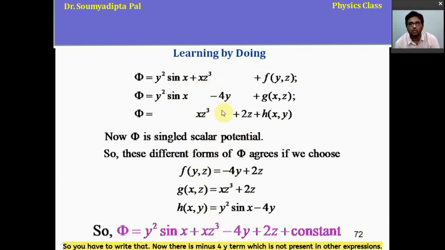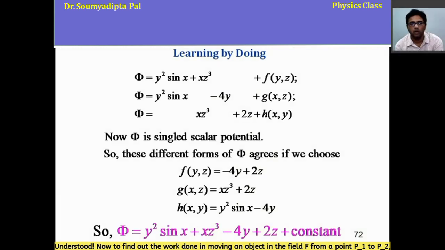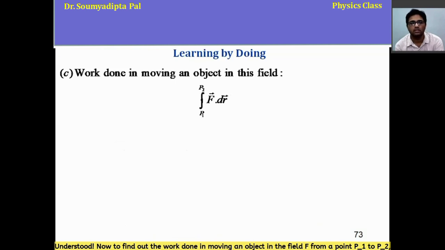Now there is the −4y term which is not present in the other expressions, so you have to consider that separately, and I have written that here. Similarly the 2z term. Okay, and we get this final expression like this. Understood?